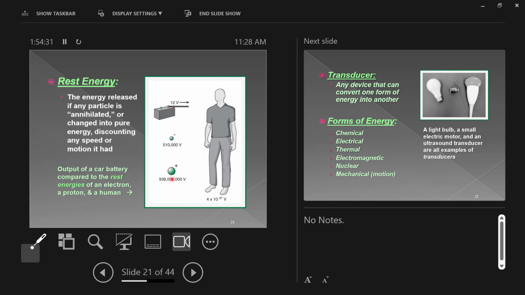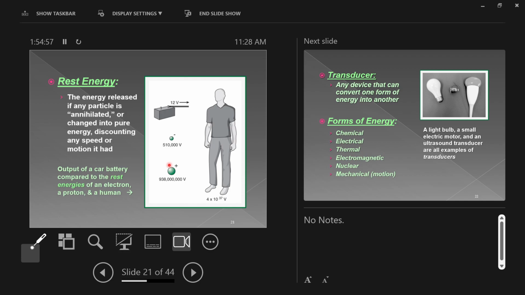Now a person, no, sorry, we'll get to a person. Now a proton. Take a proton, which is about 2,000 times bigger than an electron, convert that into energy. Okay, if a proton converts completely into energy, it would be worth 938 million volts. Okay, almost a billion volts.